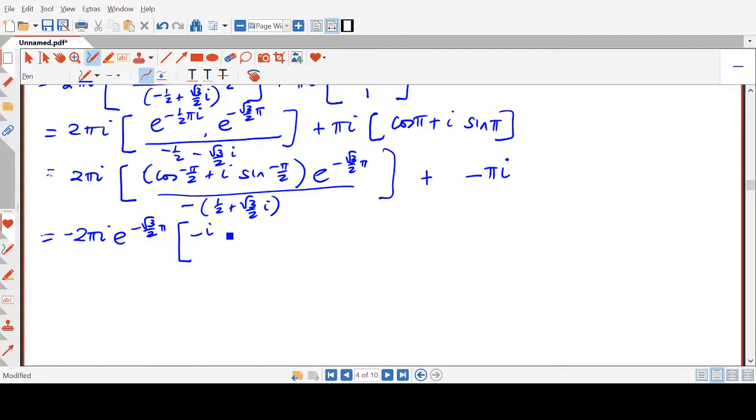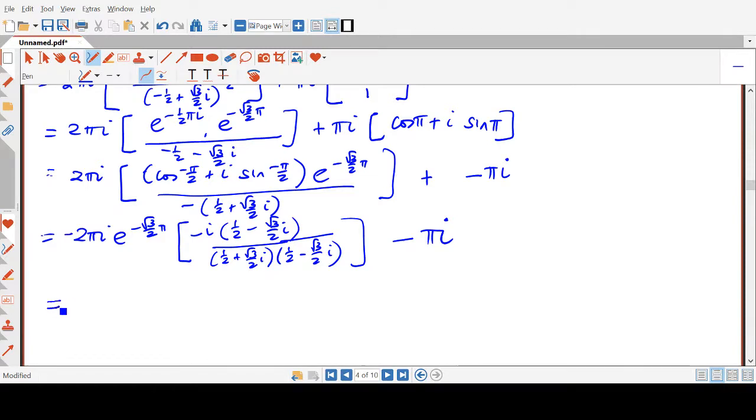Minus i. And then multiply the top and bottom by the conjugate, half minus root 3 over 2 i. At the bottom you'll have half plus root 3 over 2 i times half minus root 3 over 2 i. Minus pi i. Okay, let's plug on. There's another minus here, so it becomes plus 2 pi i e to the minus root 3 over 2 pi.